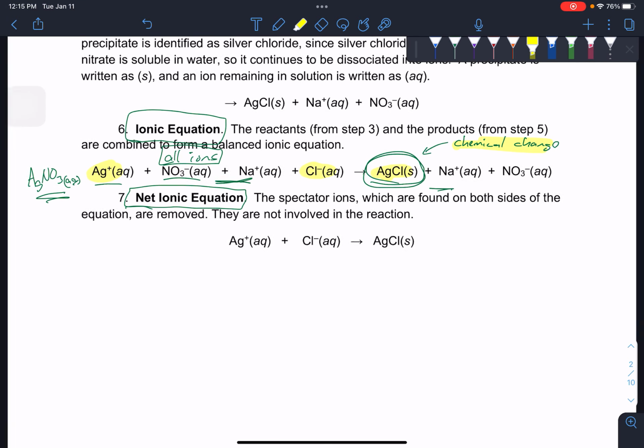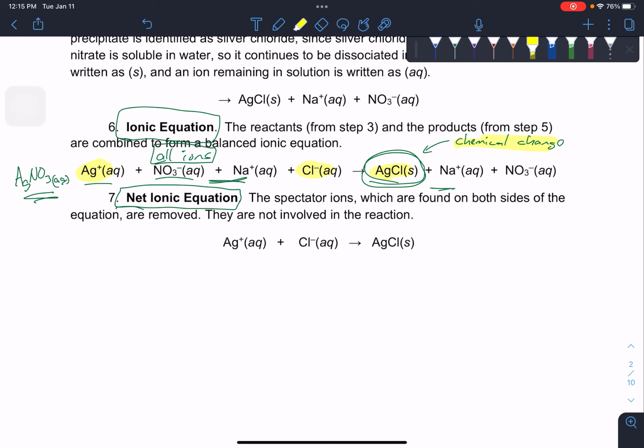Right? Those are the two forming the salt. And as it turns out, that's what we then focus on for the net ionic equation. So the net ionic equation is essentially trying to give us the most important information, i.e. what is chemically changing in this reaction that we're looking at.